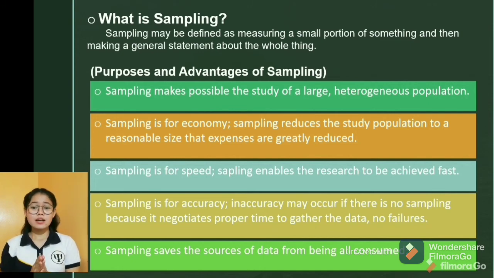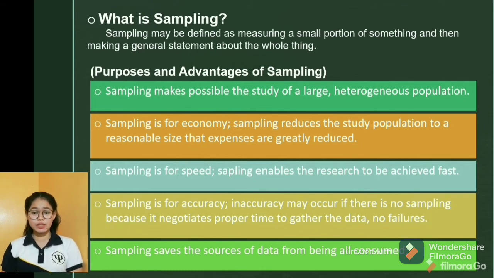You understand? Without sampling, the researchers could not identify what things are to be imposed for further discussion in the next parts of your research. And that is so insufficient. That is why sampling is needed, because it saves sources of data from being all consumed.